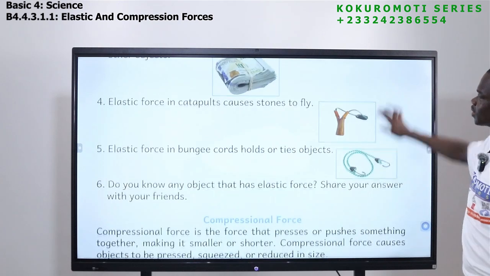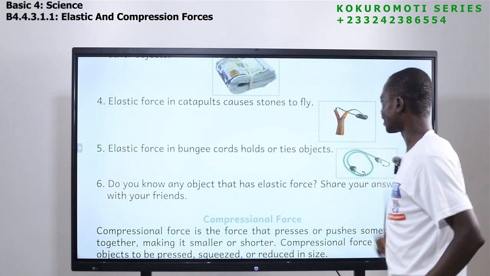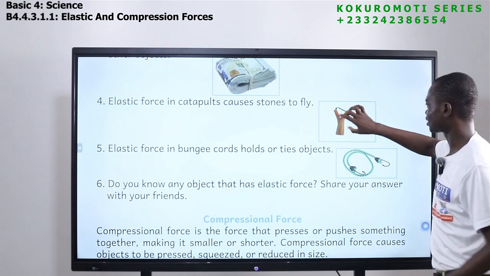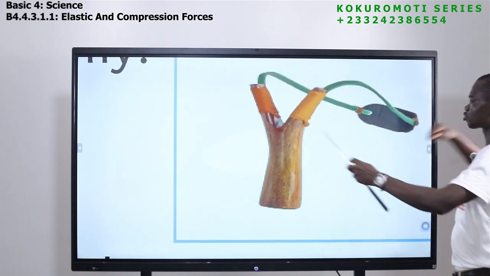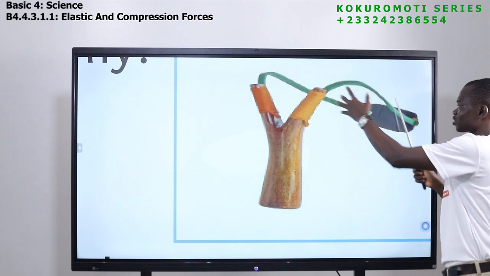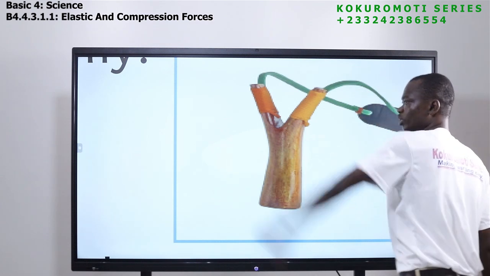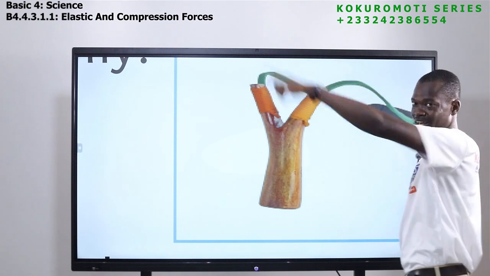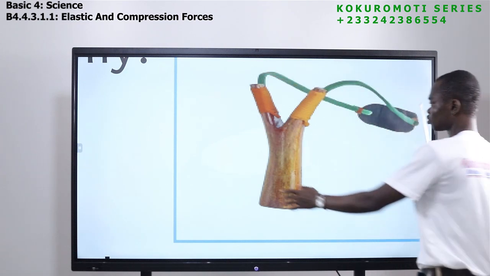The next one is that elastic force in a catapult causes stones to fly. If you have this catapult, you put a stone here and you stretch it. Because of the force in the rubber band or the tie, it will make sure the stone flies in a particular direction that you have directed it to.